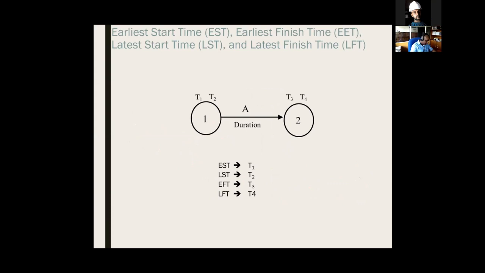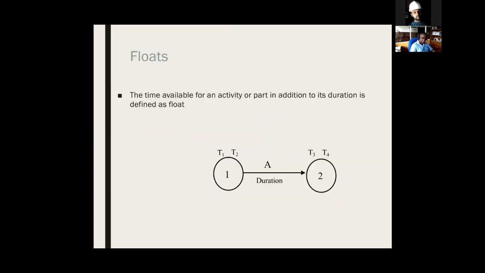So we have discussed this already. T1 is the earliest start time, latest start time, earliest finish time, and latest finish time for this particular activity A. So we know this by now. Float. In MS Project, we have discussed this as slack, if you remember.